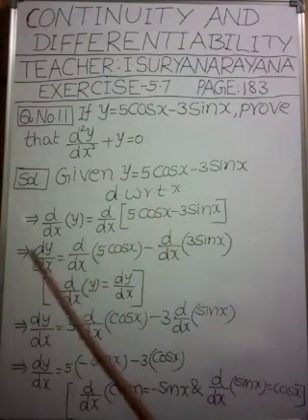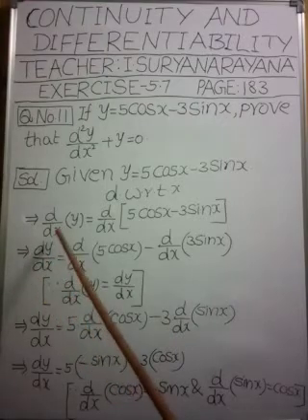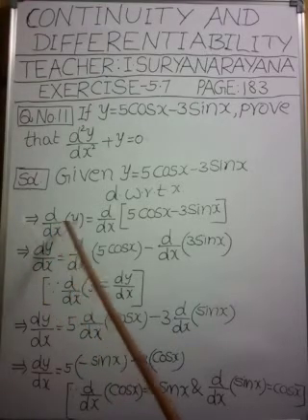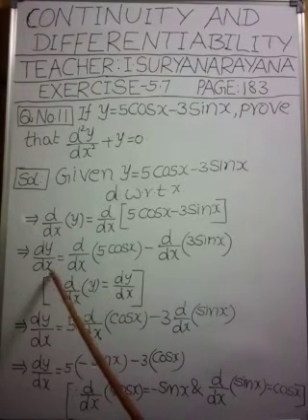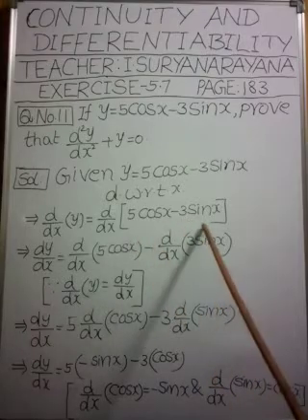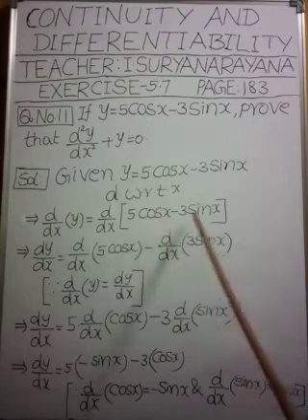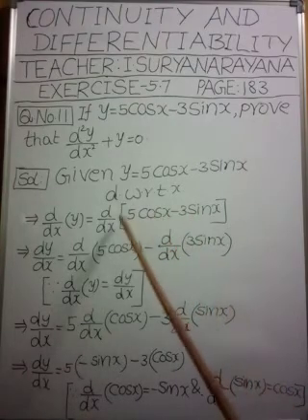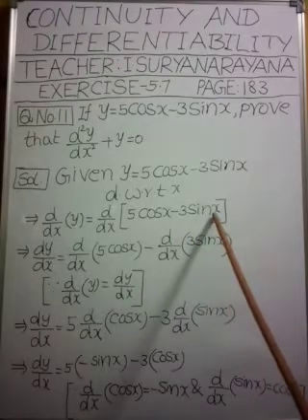This implies dy by dx. What will you get in LHS? d by dx of y. dy by dx is equal to, come to the RHS part. If you observe, this function has two terms. It is defined as the sum of two terms: 5 cos x is the first term, minus 3 sin x is the second term.